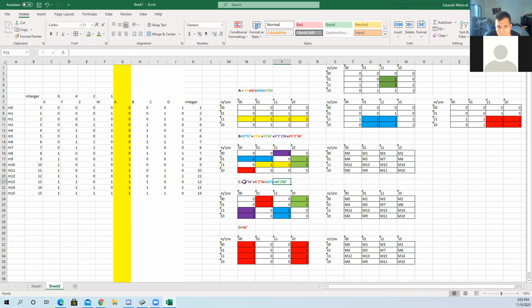Here, this one is actually a special one because you can factor out. You could do some factorization and group them together.